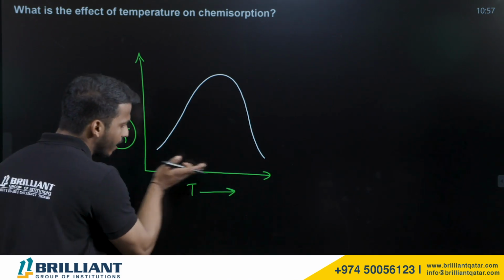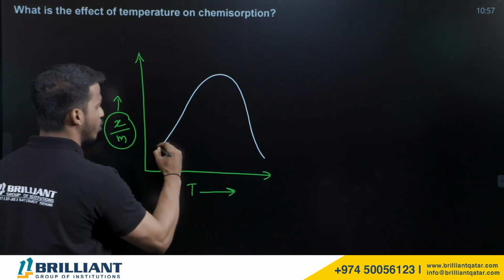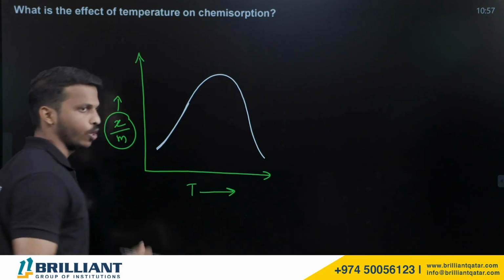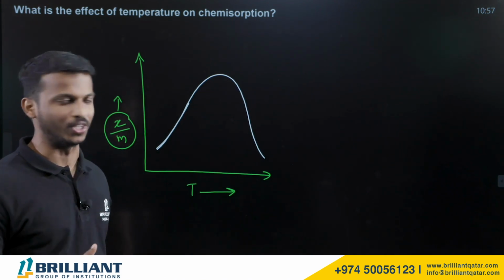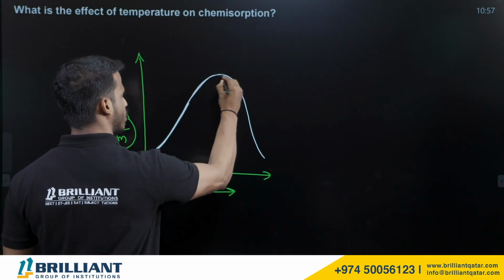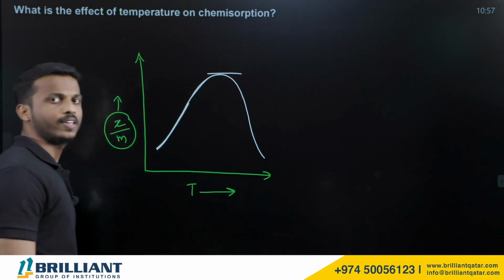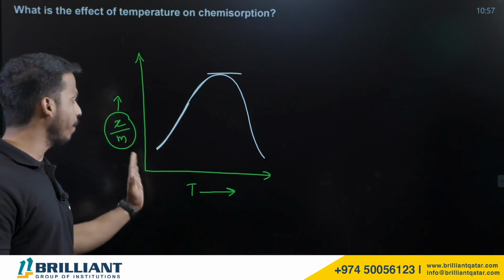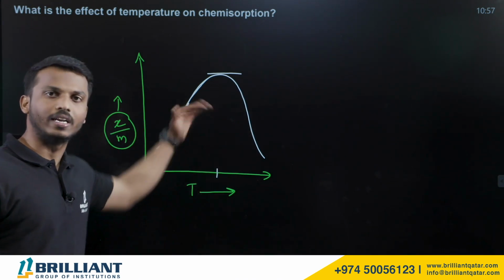What did you understand from this? When you increase the temperature, the extent of adsorption also increases. I told you chemisorption normally favors high temperature. So at a high temperature, the adsorption takes place so fast, and after that it decreases. After a particular temperature, it decreases. Why?